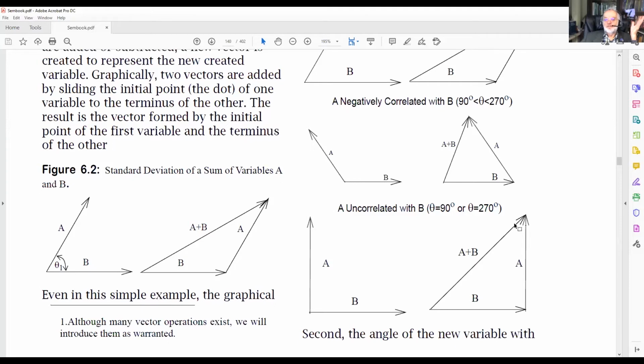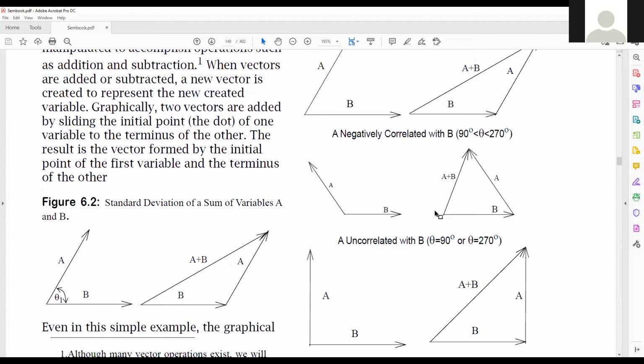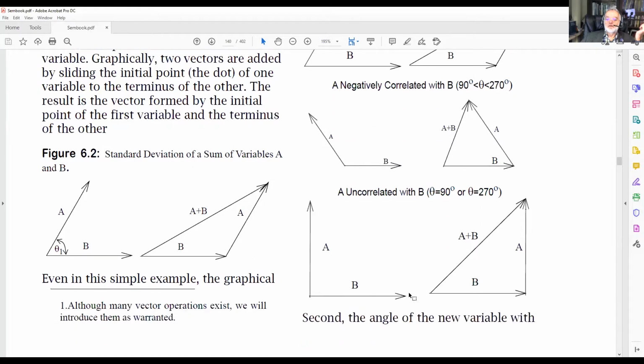So we can make just a few observations from the geometry: if my two variables are negatively correlated, the standard deviation of the sum is going to be smaller than if my two variables are positively correlated. And if they're orthogonal, it's going to be some intermediate value.